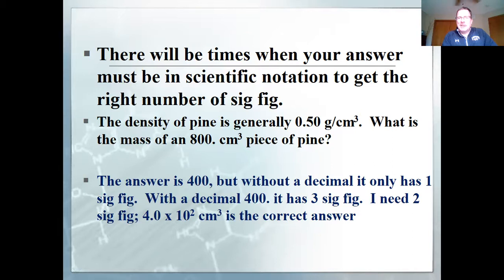But I need two significant figures. Right now, without the decimal, I have 1. But if I put in the decimal, I have 3. That's the conundrum. So to properly write the answer with only two significant figures to match the 0.50, I need to write it as 4.0 times 10 to the second. Okay?